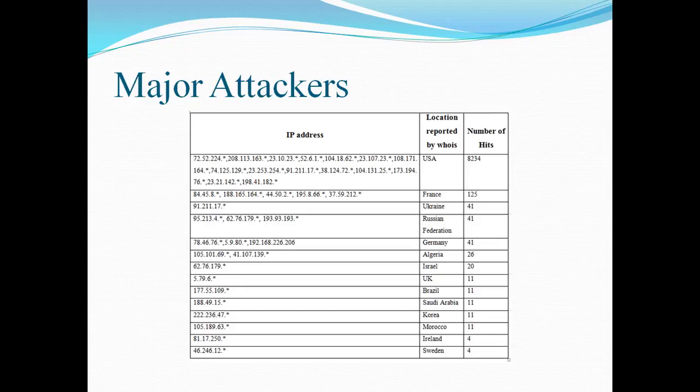And we were also able to capture a list of IP addresses which were involved in the attacks, and by using whois, we track their locations and we calculate the number of hits, that is, how many times that particular IP has attacked the system.